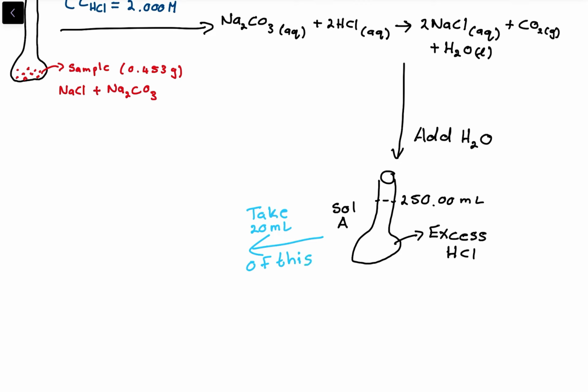We take 20 milliliter of that, and we do a titration with that. So put that in a beaker. Here is your 20 milliliter aliquot. And what does that aliquot have? It has hydrochloric acid in it. So we have some hydrochloric acid where we have a volume, we have a number of moles, and of course a concentration that we don't know.